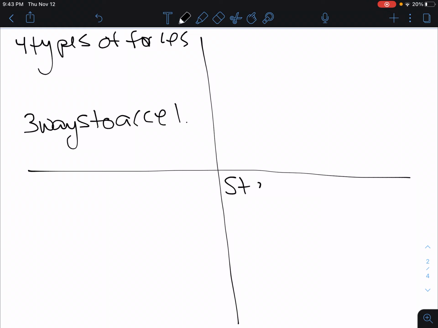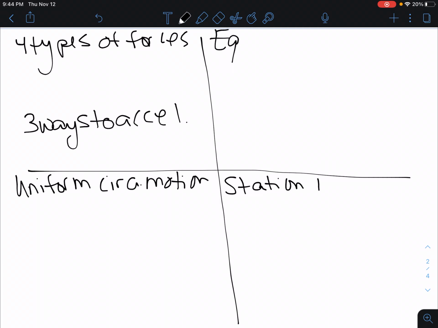So let's do station 1 down here. We're going to have uniform circular motion vocab. I think that's what I called it. And then we're going to have the equations and stuff, and a diagram. So you're going to leave those 2 blank for right now.